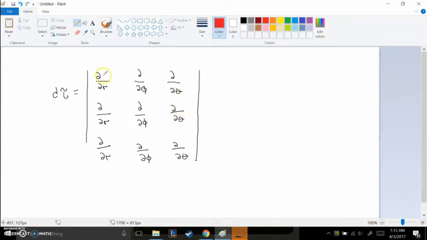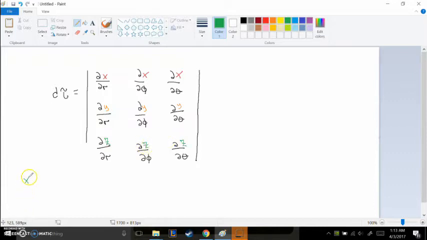We'll go ahead and put them in as rows now. So x is the first row, y is the second row, and you guessed it, z is the third row.